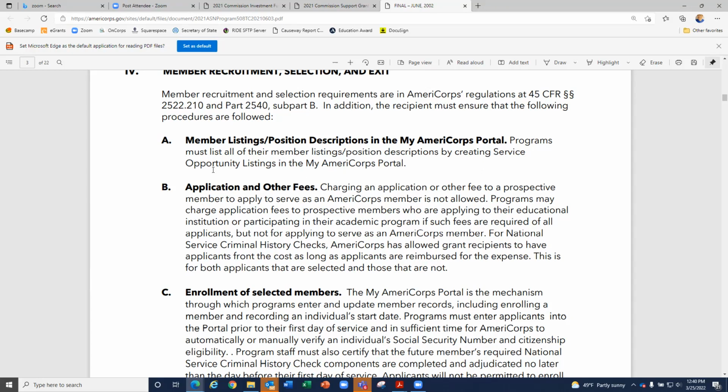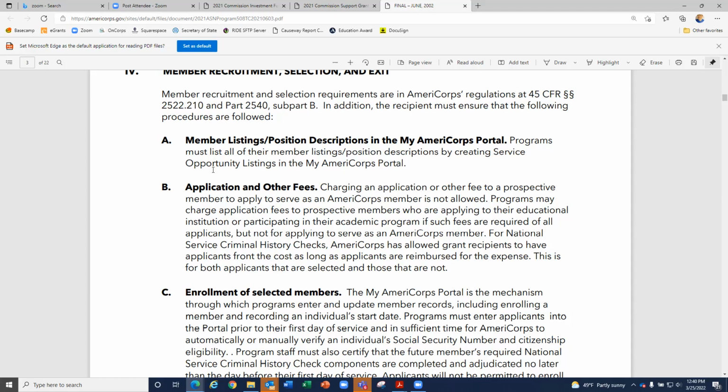For lack of a better explanation, it's a job board, but you can search there all across the country to see who is recruiting Americorps members, and how they describe those positions. We will provide information and training on how you create that position description so that you can get it on the My Americorps portal.